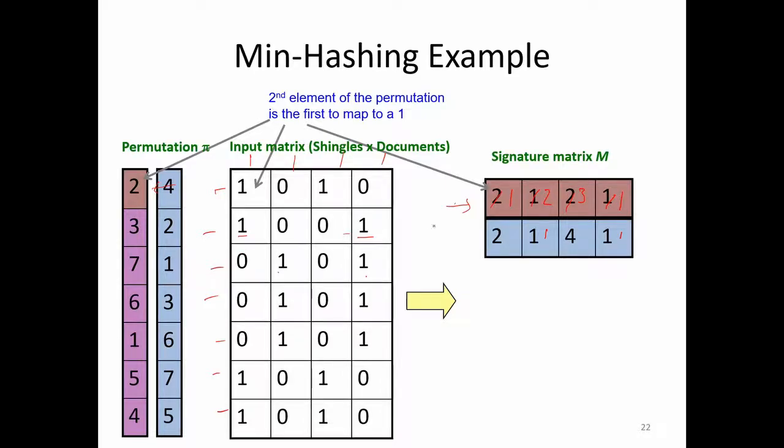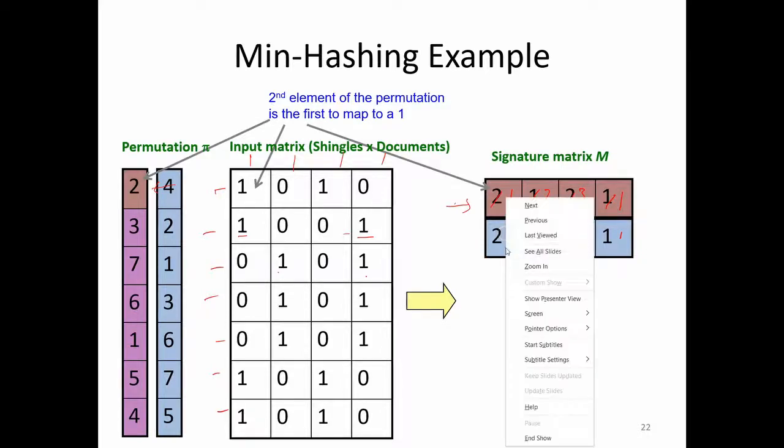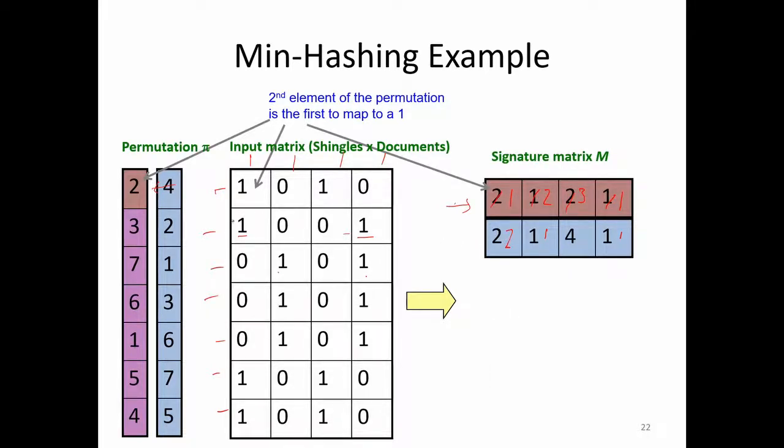So 1 and 1 here, so this one becomes 2. And then 1. 1 3 6 7, so this one should be something like 6.